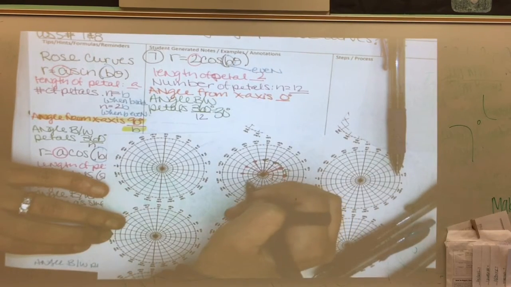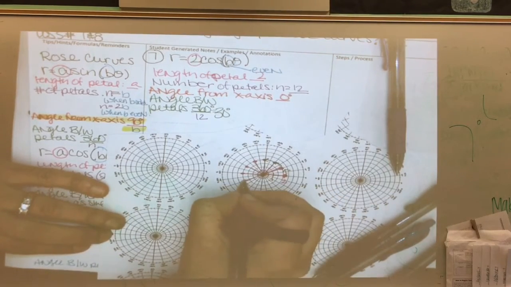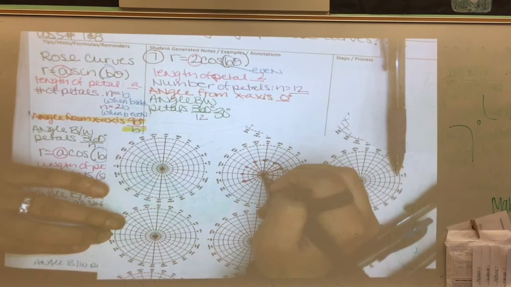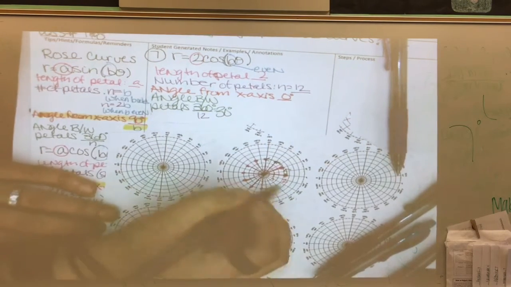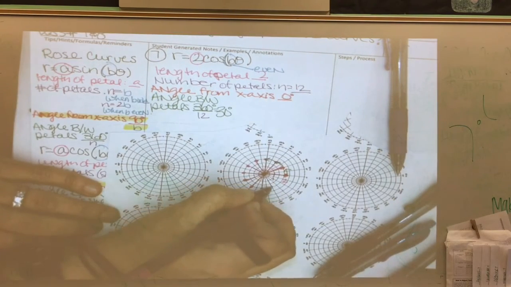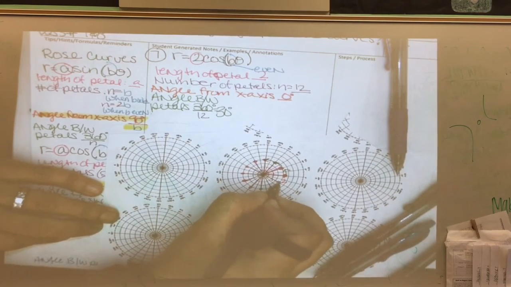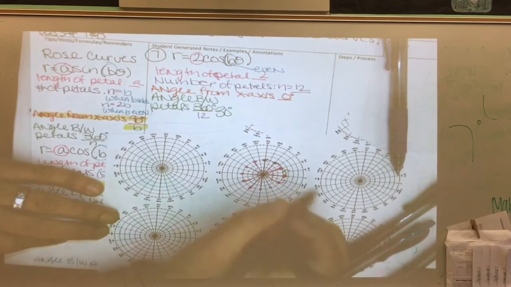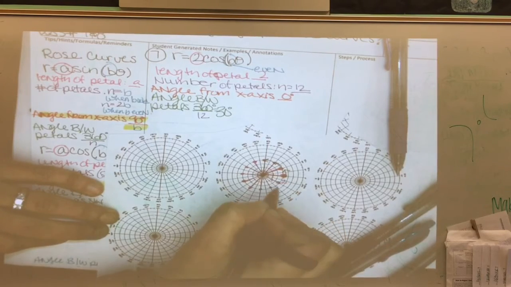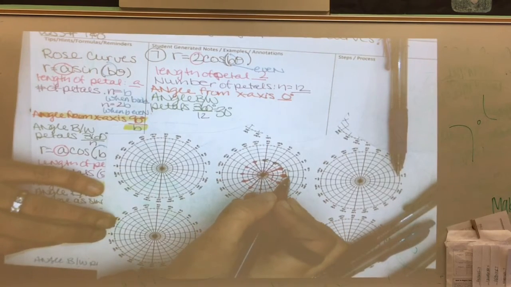Plus 30 is 210. Plus 30, 240. Plus 30, 270. Plus 30, 300. Plus 30, 330. And then I can check if I go another 30, do I get back to start?